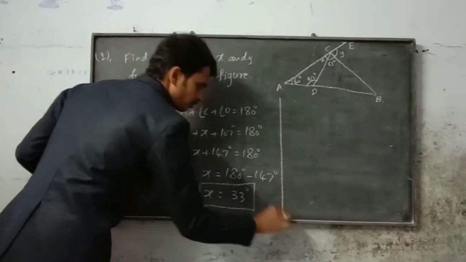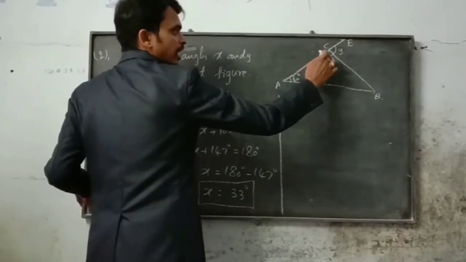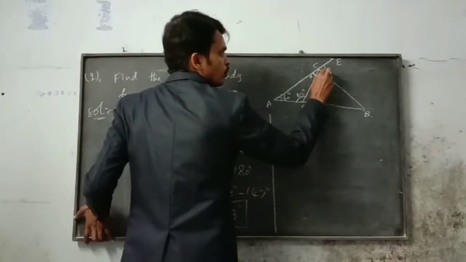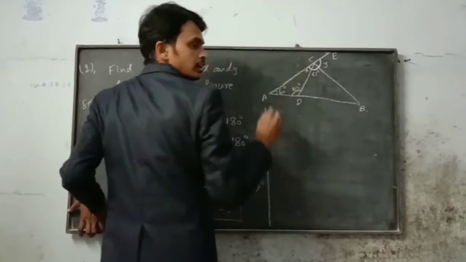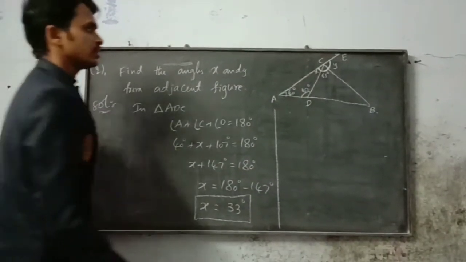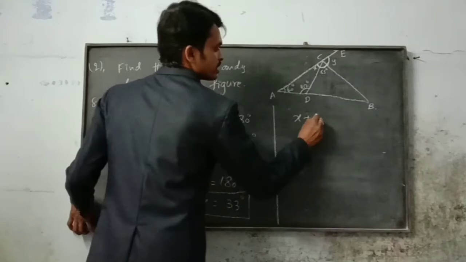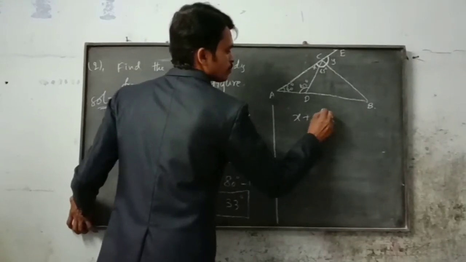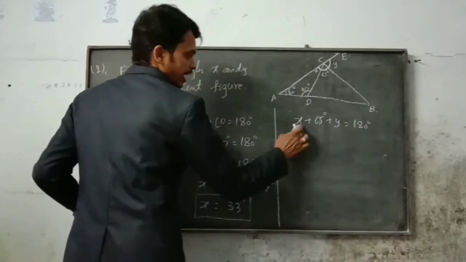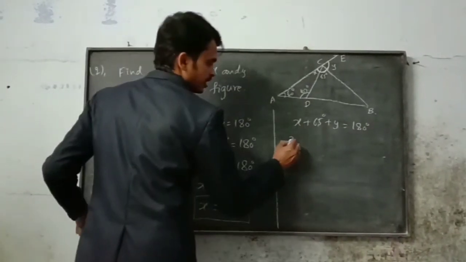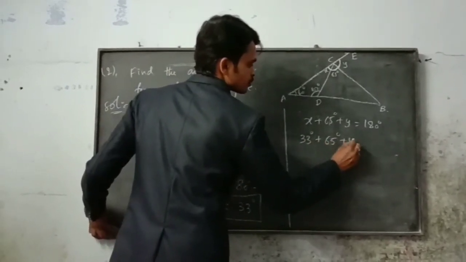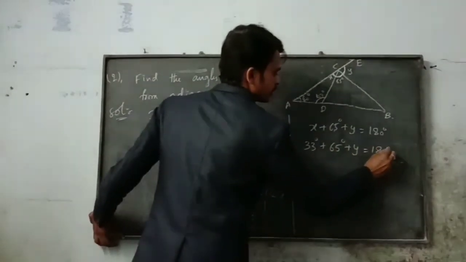Next we got the x value, and we have 65 degrees. So imagine, what is this? It is a straight angle. The straight angle is nothing but exactly 180 degrees. Then x plus 65 degrees plus y is equal to 180 degrees. Now the x value we already got, 33 degrees, plus 65 degrees plus y is equal to 180 degrees.